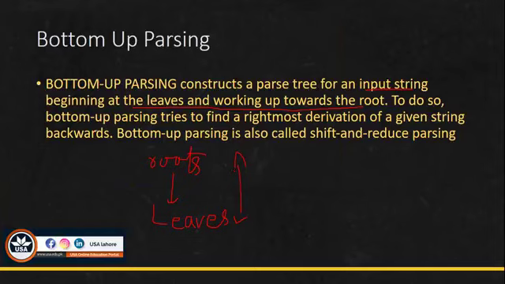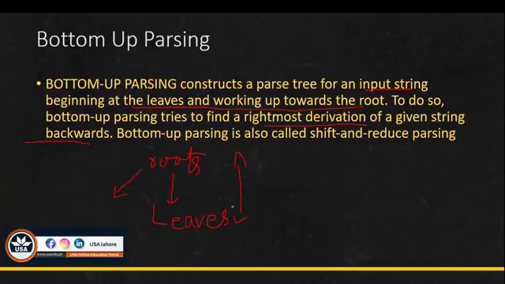To do so, bottom-up parsing tries to find a rightmost derivation of a given string backward. This is an important point. In top-down parser, we construct our tree using leftmost derivation, like in LL grammar, where we take our string from the left side and construct our tree.